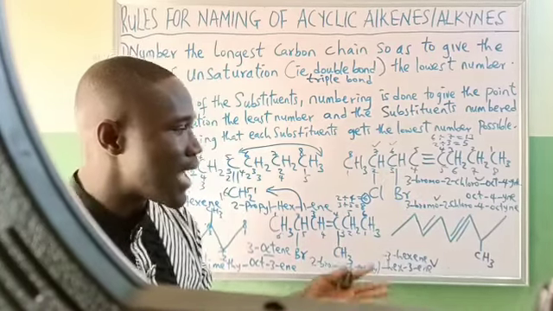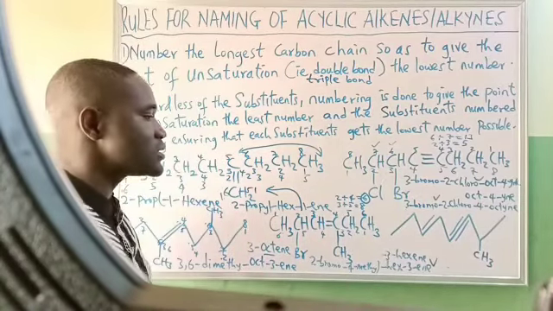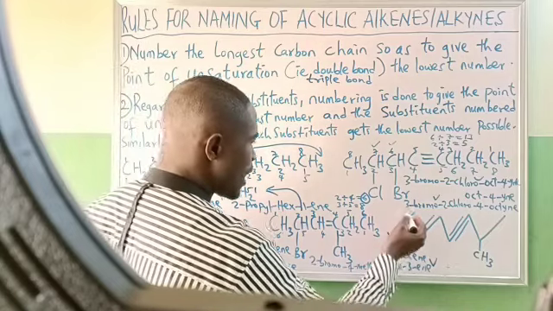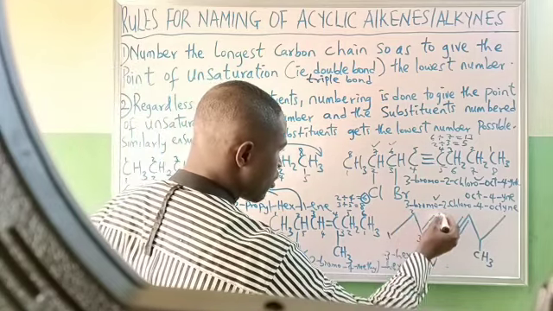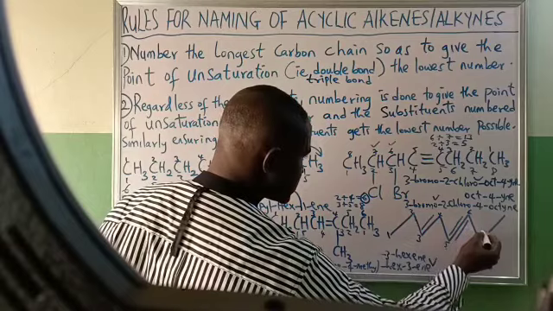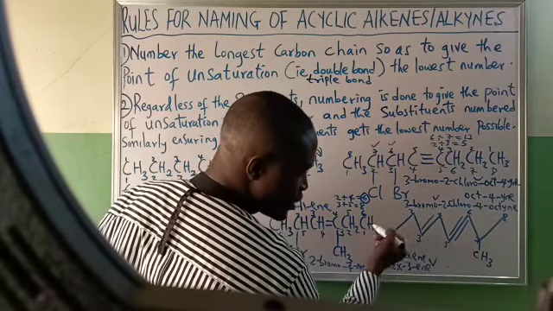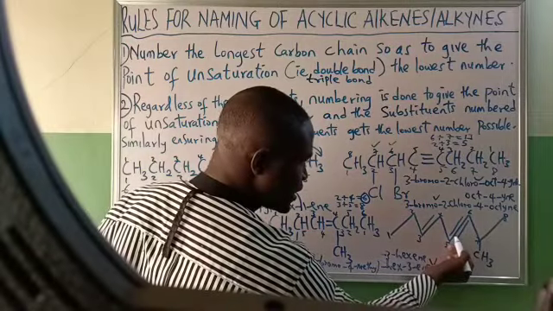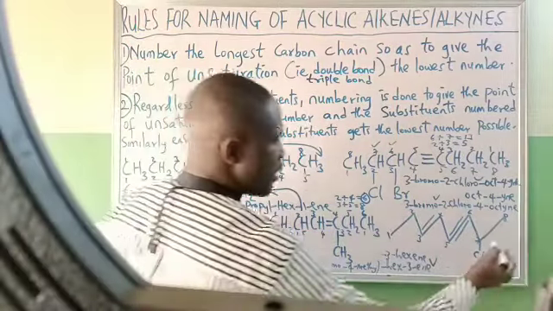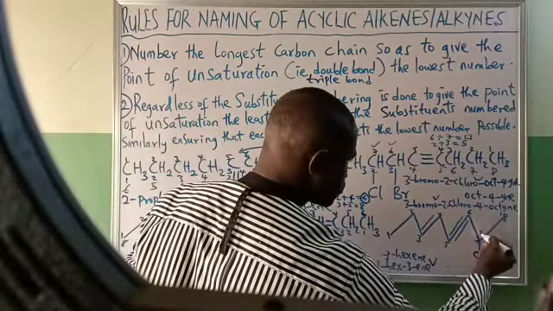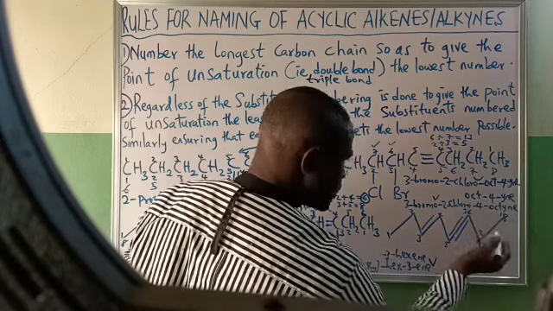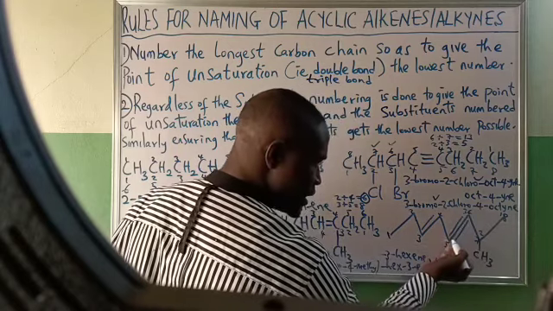If I number this way, 1, 2, 3, 4, 5, 6, 7, 8, carbon 5 will be bearing this triple bond. But if I number this way, 1, 2, 3, this carbon 3 will be bearing this triple bond.